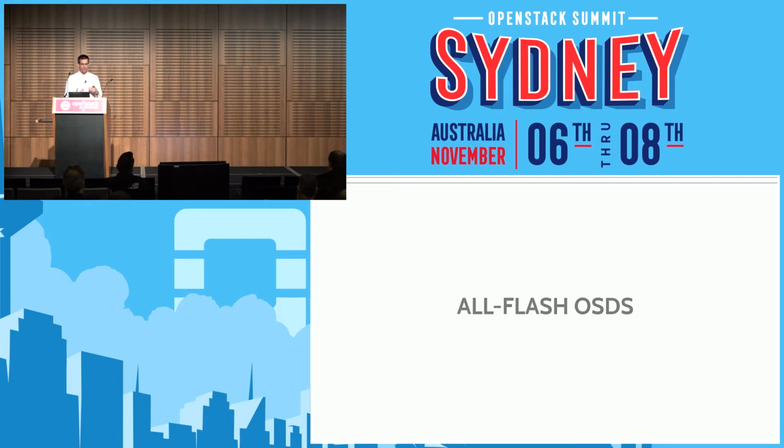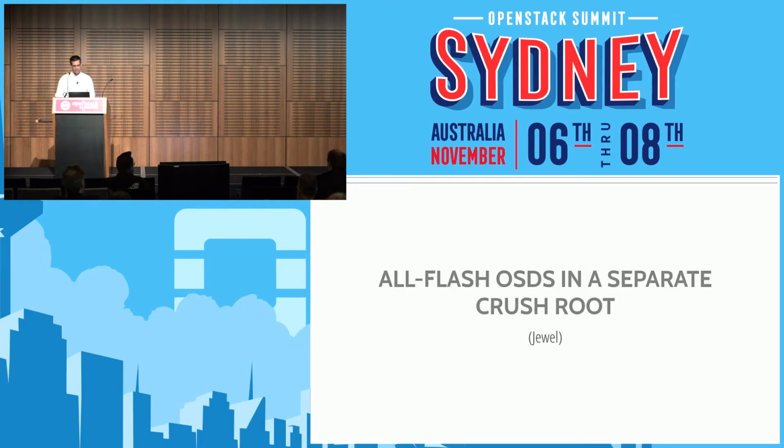How you can do that is slightly different between Ceph Jewel and Ceph Luminous moving forward. In Ceph Jewel, you would put your all-flash OSDs into a separate crush root, so you would have a separate hierarchy of crush devices, and one of them would entail all of your OSDs that are spinners, and one of them would entail all of the OSDs that are SSDs.